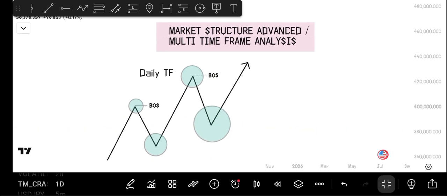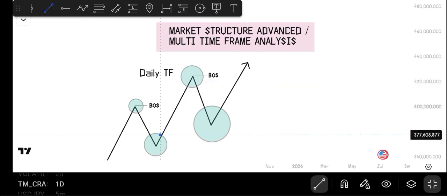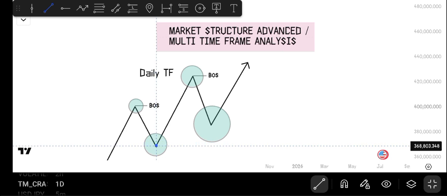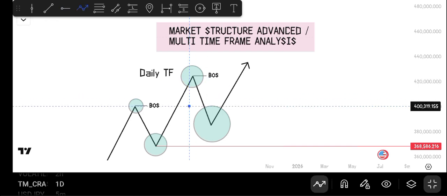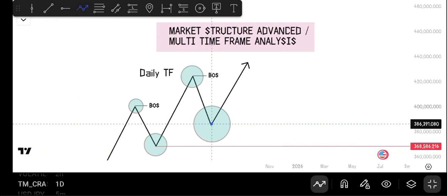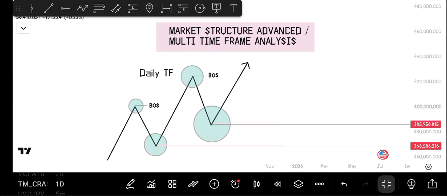So it's very simple to spot on the daily time frame when you're on the chart. So we have the swing range right here, which is on the daily time frame. This is the higher low swing range. We have this higher low right here. You see price never broke past it, so we still have this current range or swing low right here, and we have the highs.